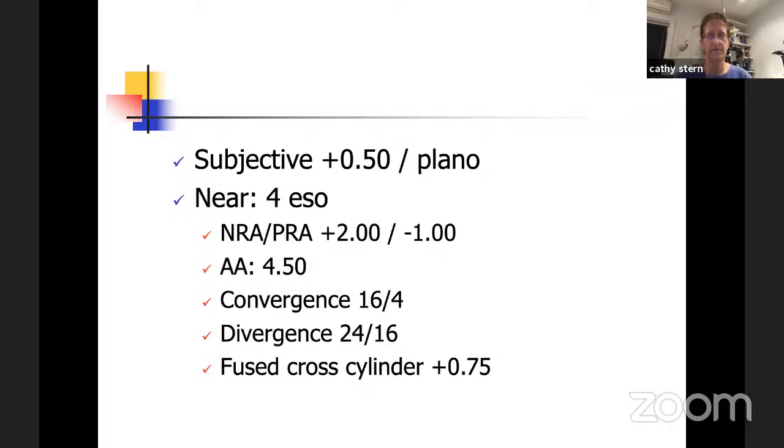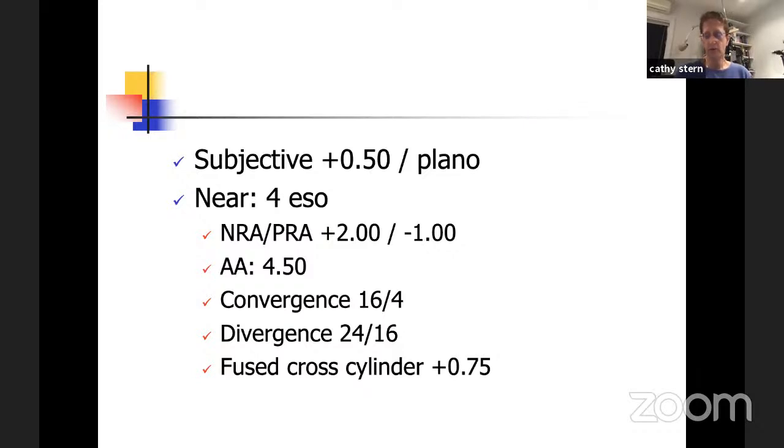That's not okay. I do his accommodative ability, and it's 4.5, when in a young child, it should be 10. And when I look at convergence, the break point of 16 is a little low, not terrible, but his recovery of 4 is not very good. But on divergence, he does pretty well.